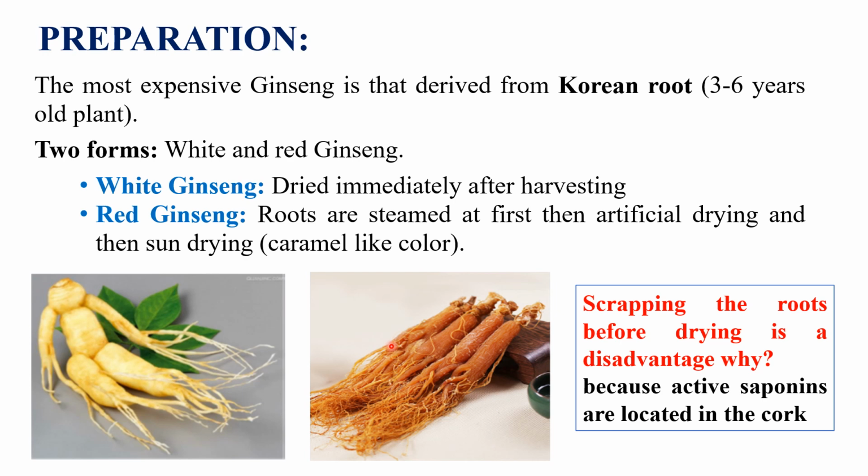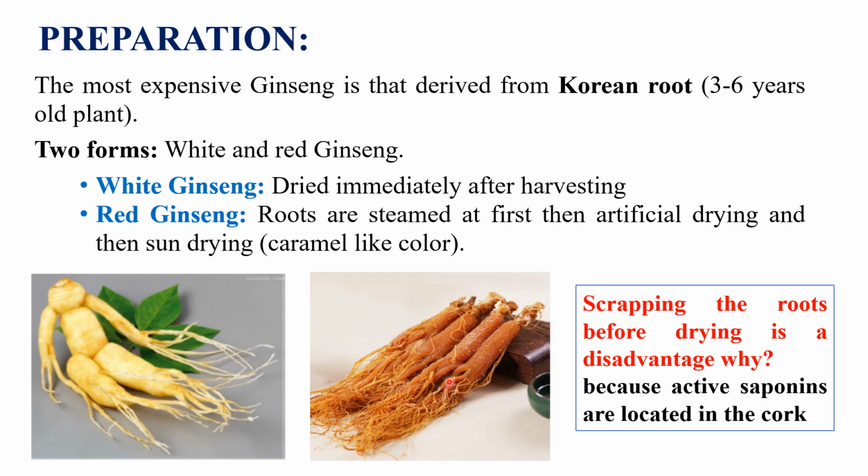When the roots are steamed, the sugars inside are caramelized, giving the rich brown color we can see in red ginseng. So the only difference between white and red ginseng is the method of drying, which results in caramelized sugar and a reddish brown color in red ginseng, but the other constituents are the same in both.